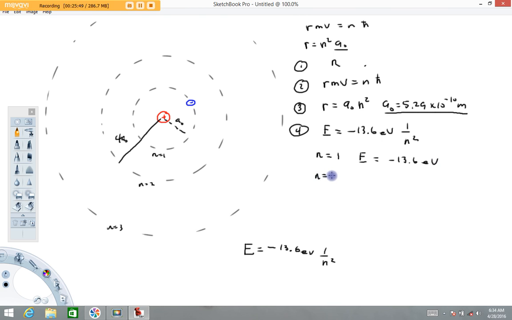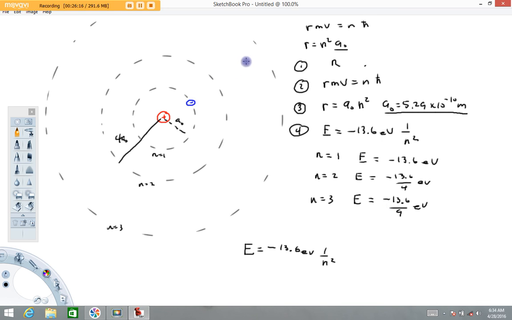If n equals 2, the allowed energy is minus 13.6 over 4 eVs. If n equals 3, the energy of that electron is minus 13.6 over 9 eVs, and so forth. There's really no end to this. We could keep going, but the video is a little longer than I want. Let me just do some final comments.